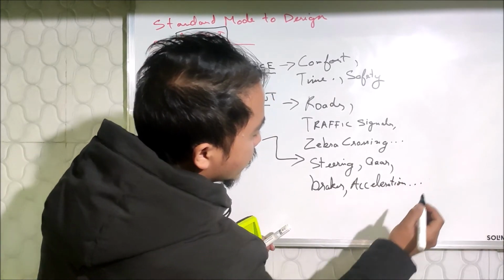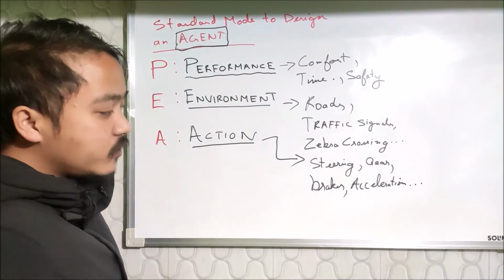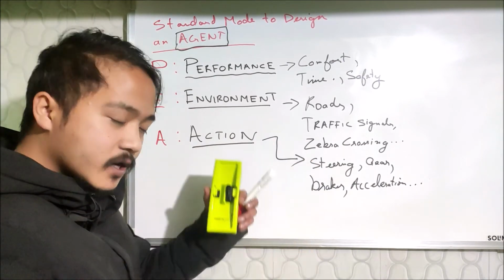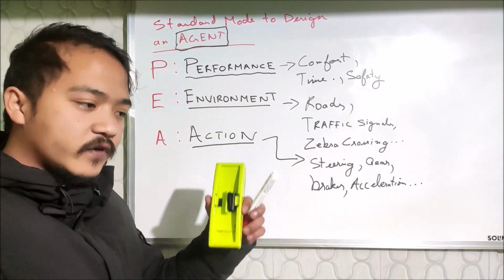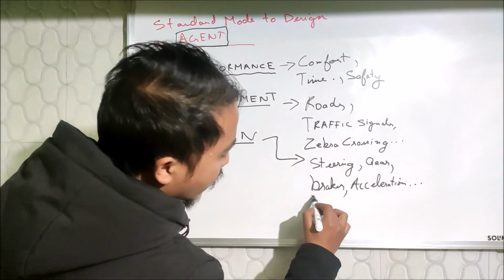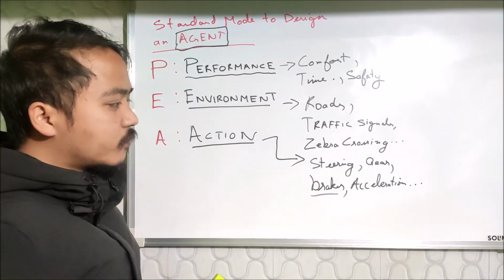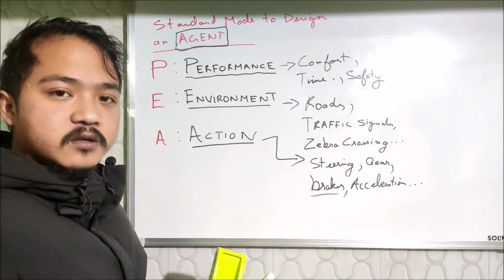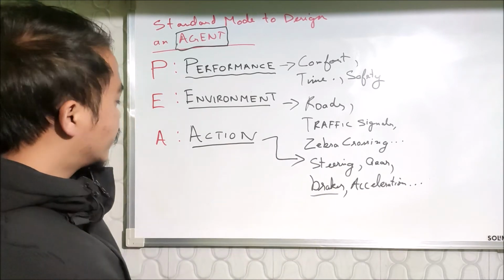By any means they perform actions. If you tilt the steering to the left, it will go to the left. If you tilt the steering to the right, it will go to the right. If you apply brakes, then it will stop. It performs some actions. I hope you understand that.